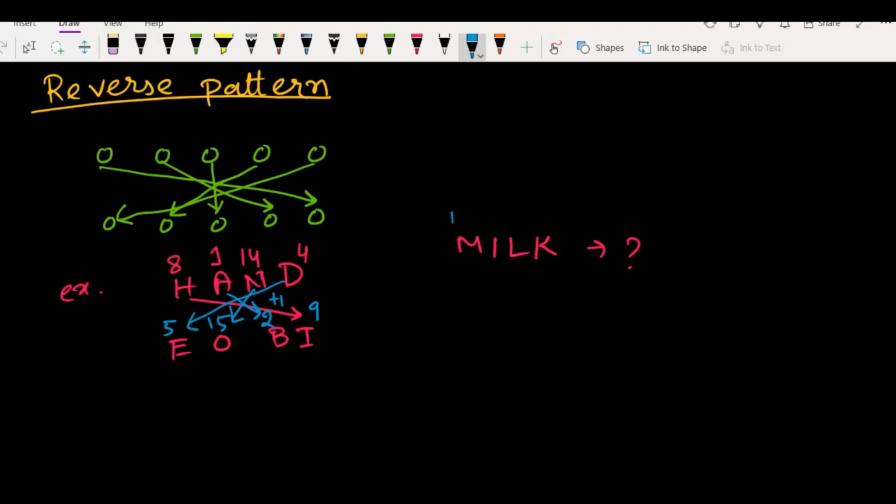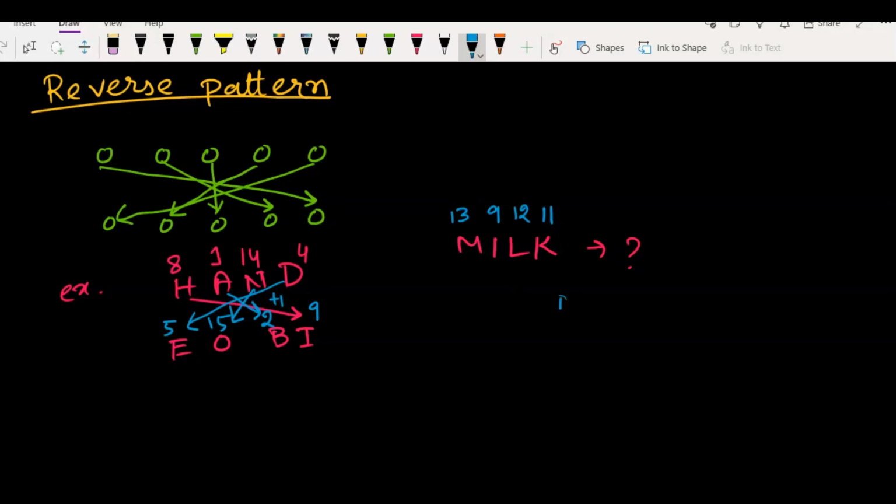So here M is 13, I is 9, L is 12, and K is 11. So M is the first, so 13 will go to the last letter.